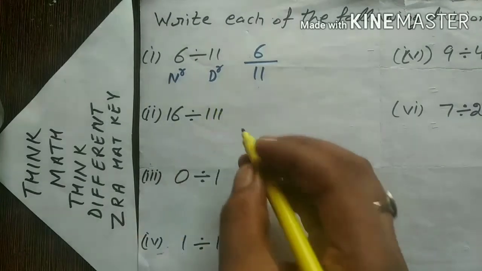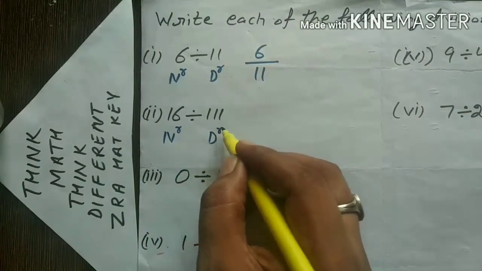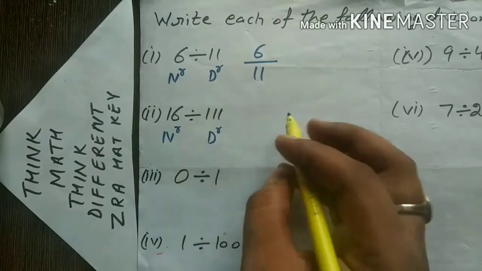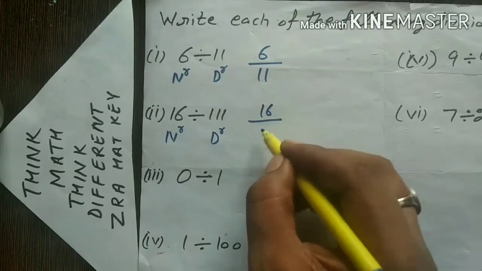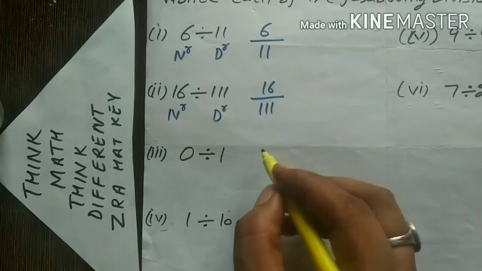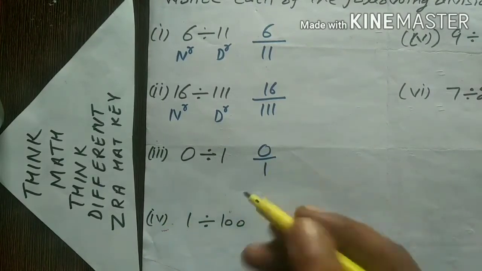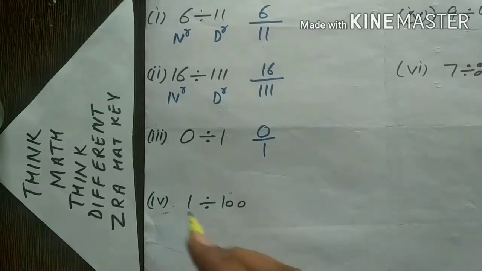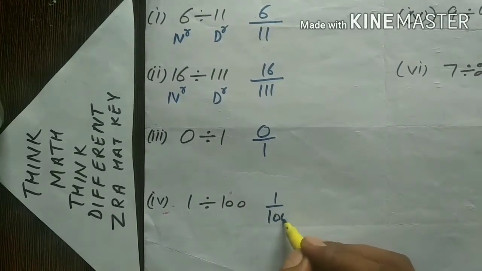Now the second question will be the same, numerator and denominator, and this division bar will be written to make it a fraction, 16 over 111. Now 0 over 1. Again question fourth, so we will write it 1 over 100 student.